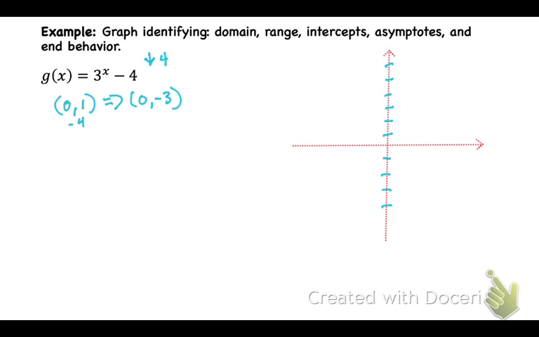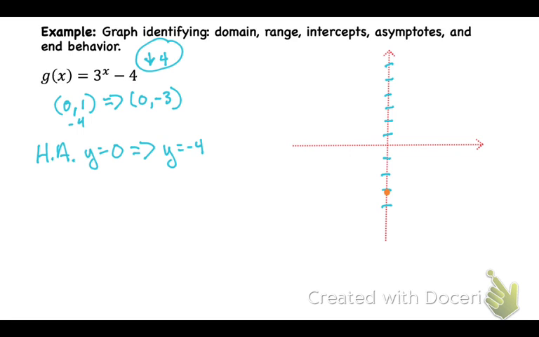So we're not going to go down, we're going to go up. So where is our new horizontal asymptote? It was at y = 0. Now where is it? Because it went down 4, so it's y = -4, because you just subtract 4.